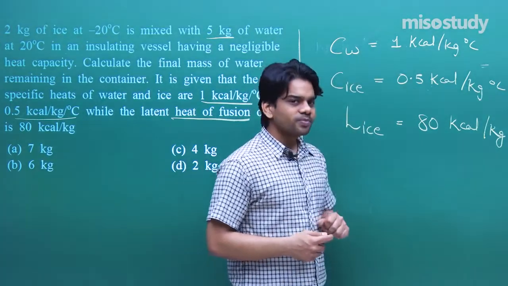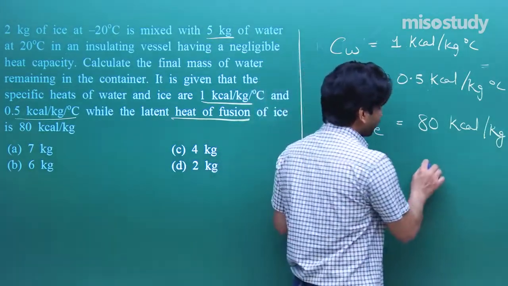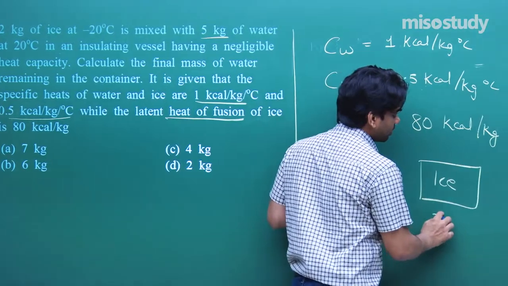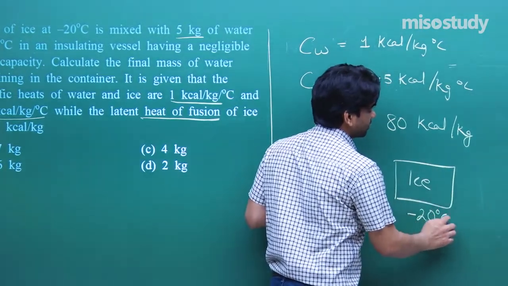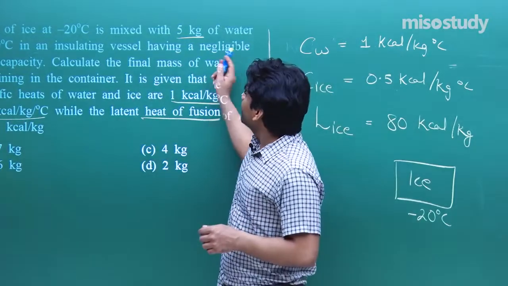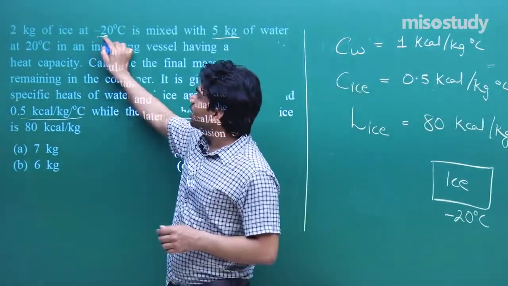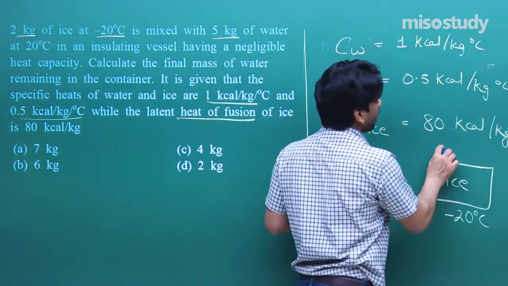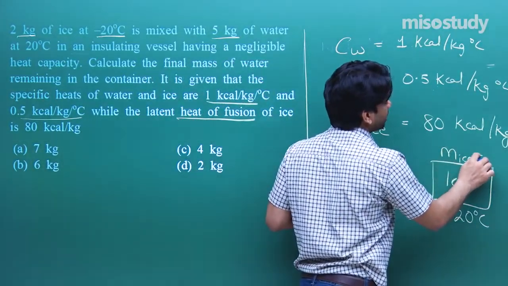Now first of all, you see what things are provided. You are provided with ice at minus 20 degrees Celsius. So we have been given the mass of ice as 2 kg initially.